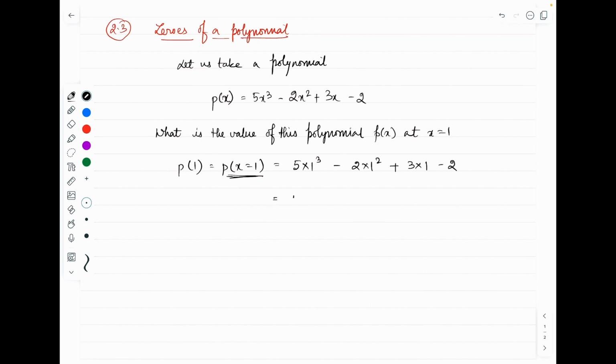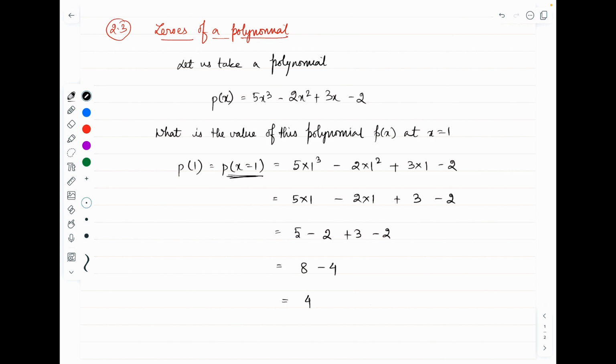5 into 1 cube is 5. 2 into 1 square is 2, plus 3 into 1 is 3, minus 2. So 5 minus 2 is 3, plus 3 is 6, minus 2 is 4.